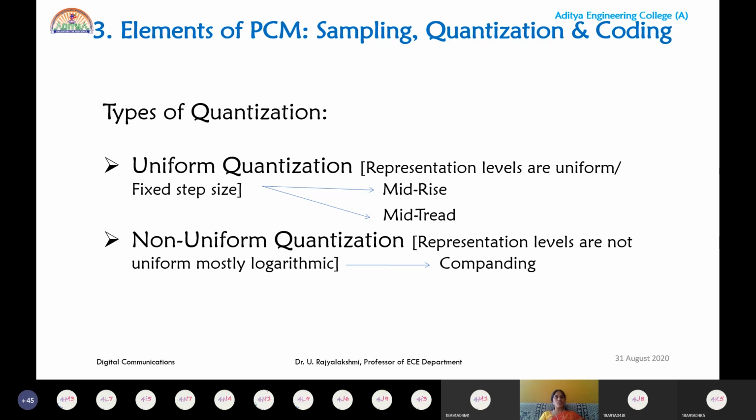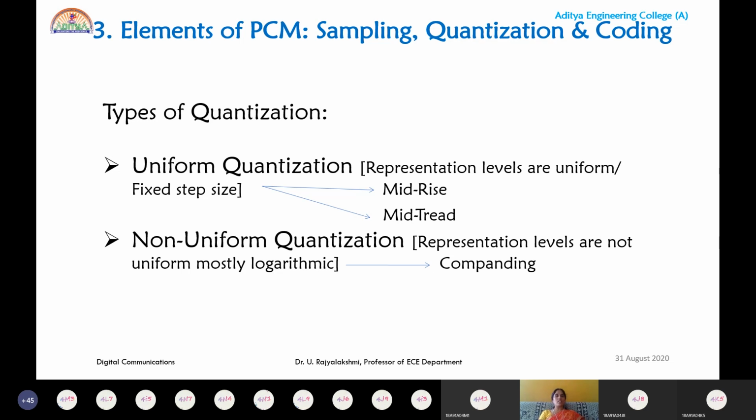We can see that if the step size is fixed, the quantization error depends on the step size. If the step size is more, then the error will be more, so it may affect the SNR. The SNR may become a low value.